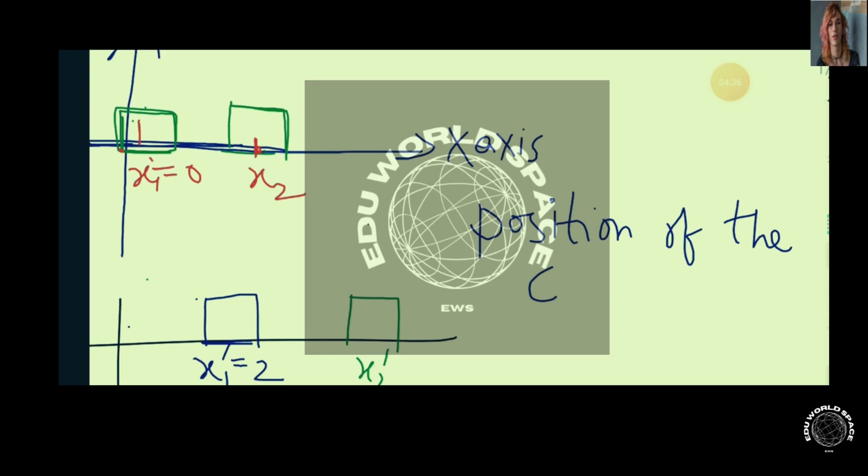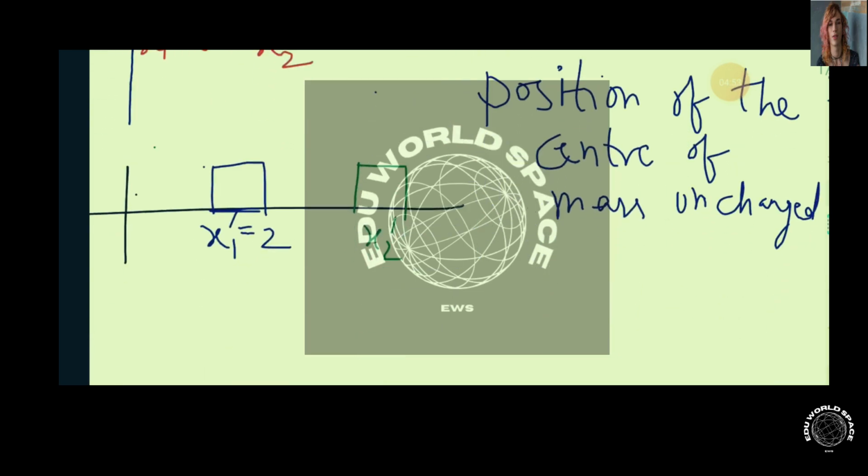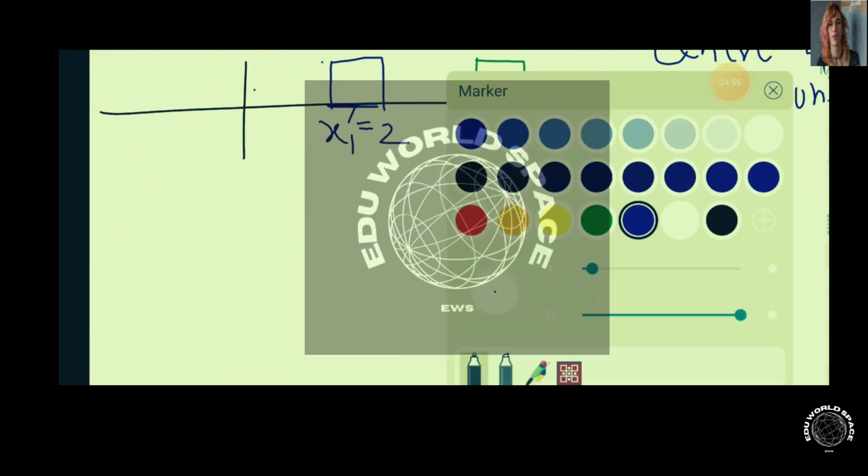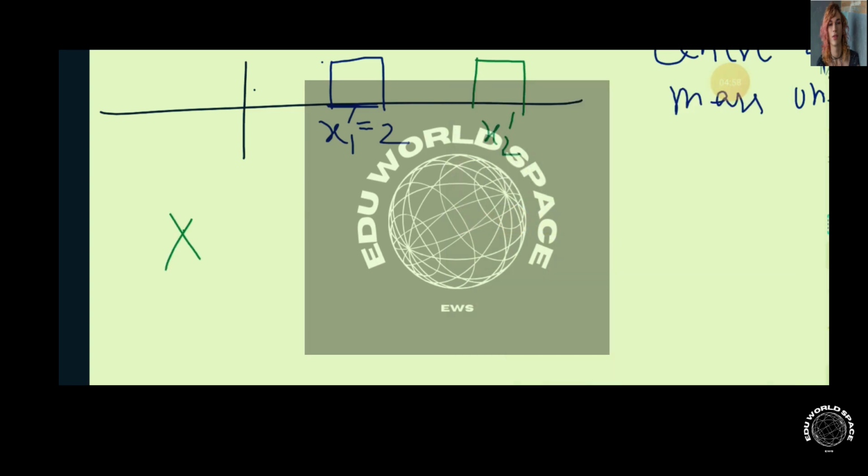Now the next step is to write the formula for the x coordinate of center of mass. If I consider the x coordinate of center of mass as xcm, then it is equal to m1 x1 plus m2 x2 divided by m1 plus m2.